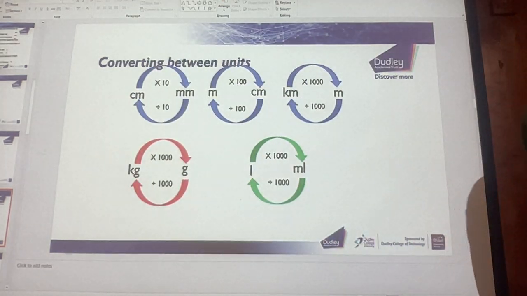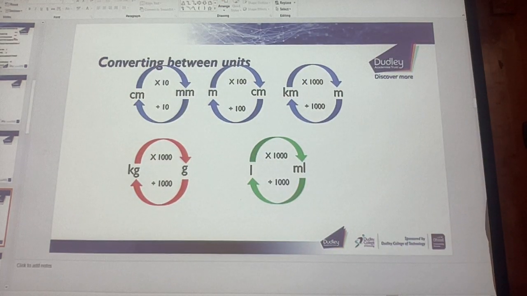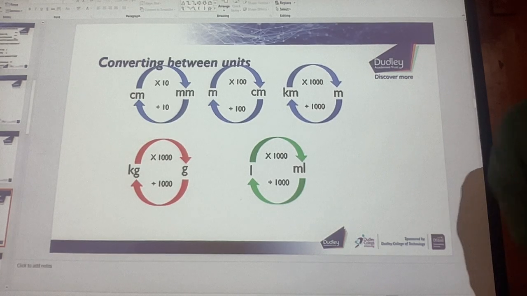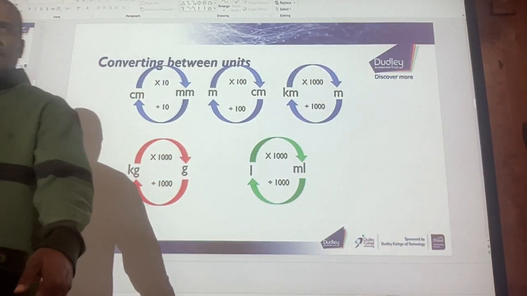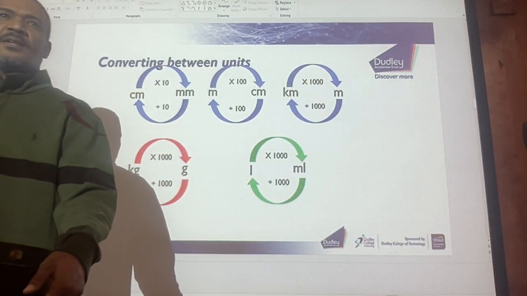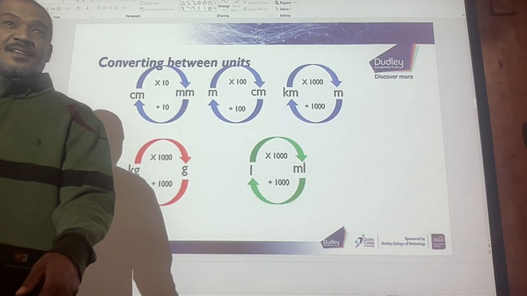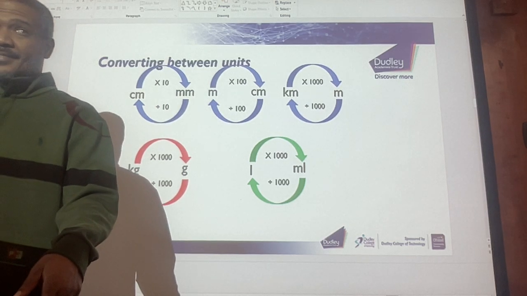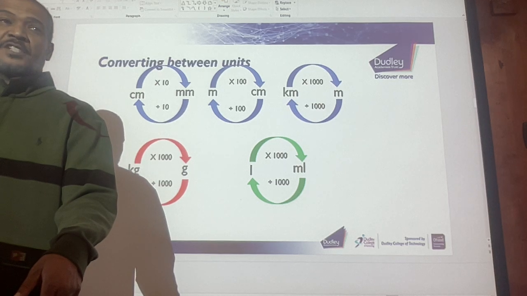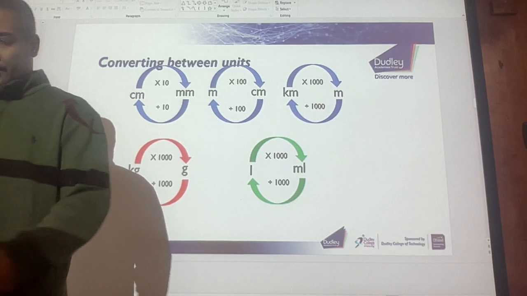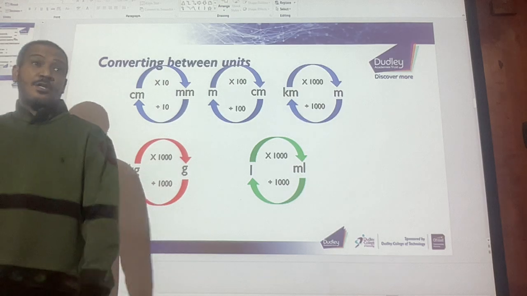Is that possible? Yeah. Because in 10 millimeters, I have a certain number of kilometers. It's a small number, but they're there. It's a matter of changing the scale and the unit.